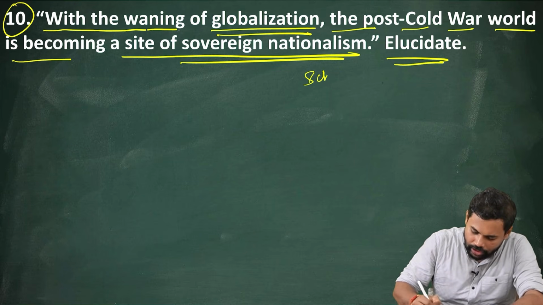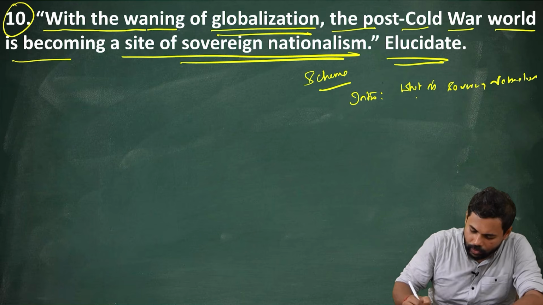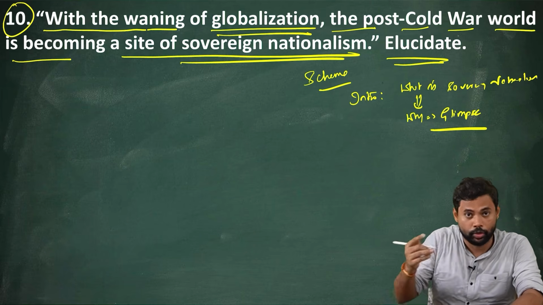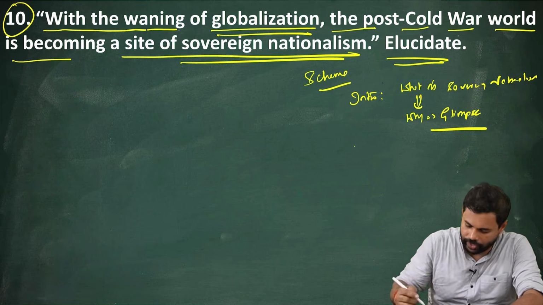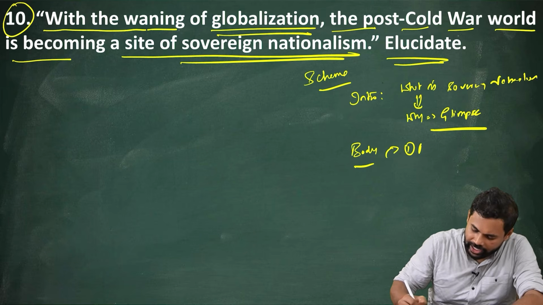The schema is, in the introduction I'll talk about what is sovereign nationalism and why it is happening. I'll just give a glimpse. I'll not talk about all the points because you'll be using them in the body. In the body, I will take two parts. The first one is why there is a retreat of globalization.